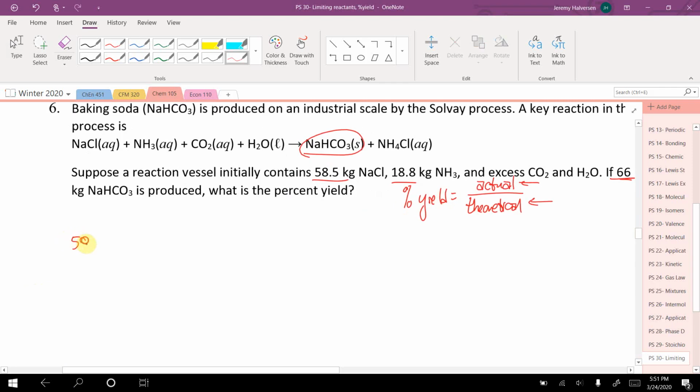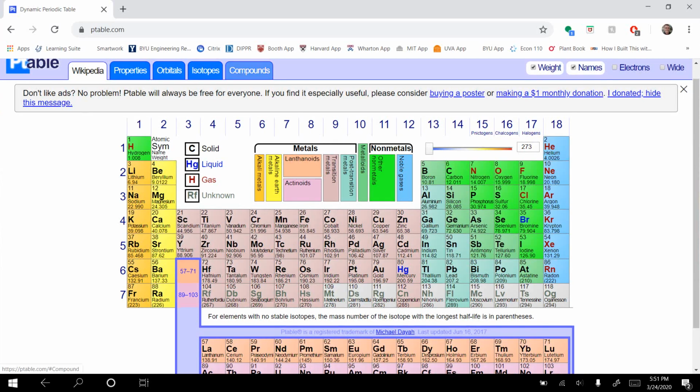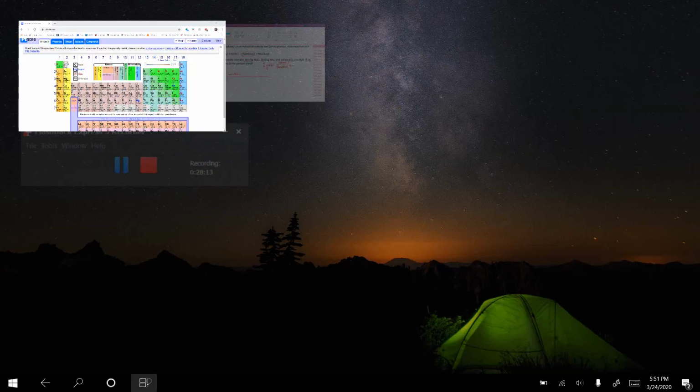So, I've got to get to moles so that I can use my equation. 1 mole of NaCl is going to be 23 plus Cl is 35.5, 58.5.